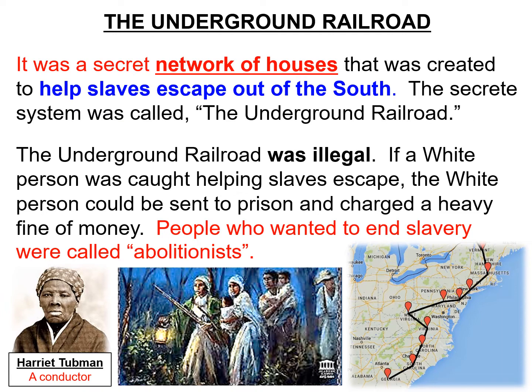And Harriet Tubman was considered one of the greatest conductors, if not the greatest, for the Underground Railroad. Again, it's a secret network of houses, and not just houses, but buildings and organizations and groups that would help Black people escape from the South and reach the North for freedom.